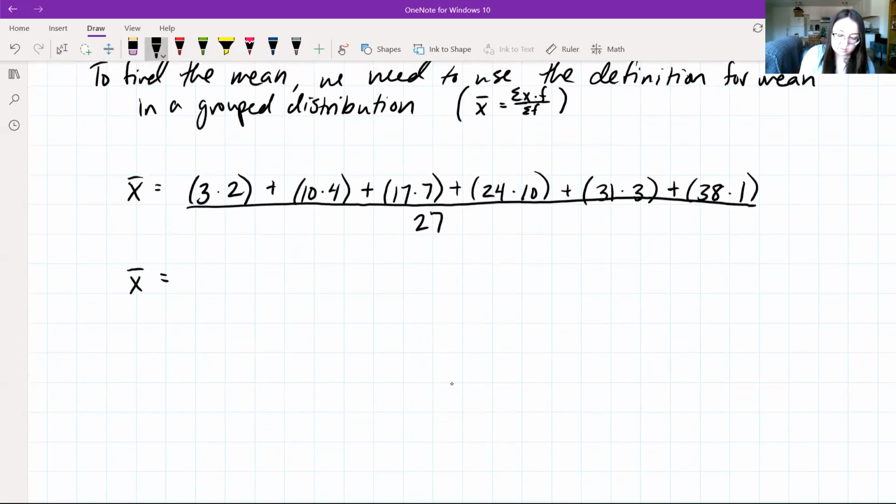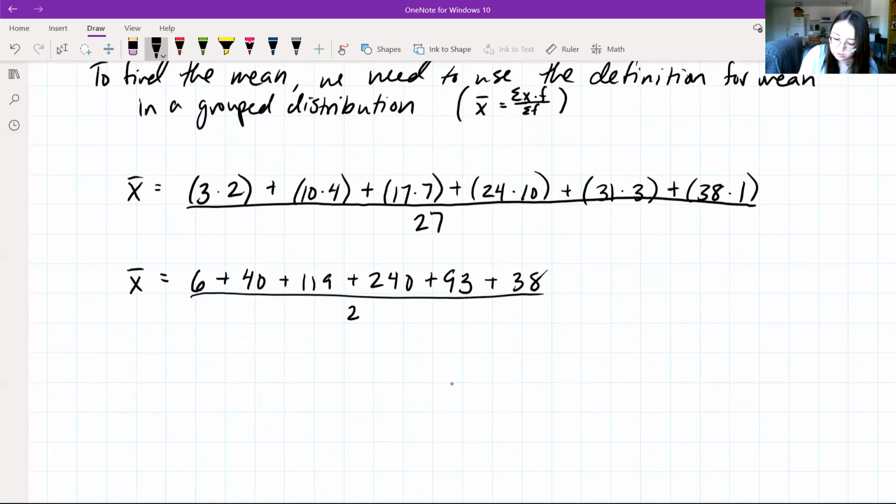When we multiply these singular values, we get 6 plus 40 plus 119 plus 240 plus 93 plus 38. This is all divided by 27. Now we can find this value. We end up getting 19.85.